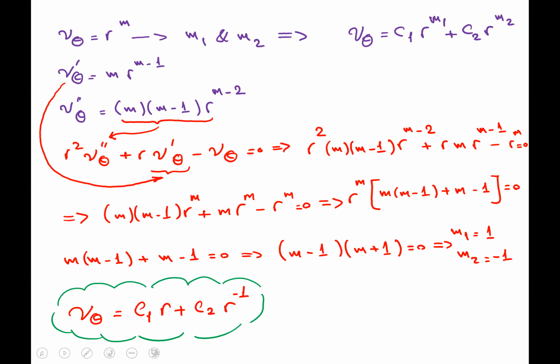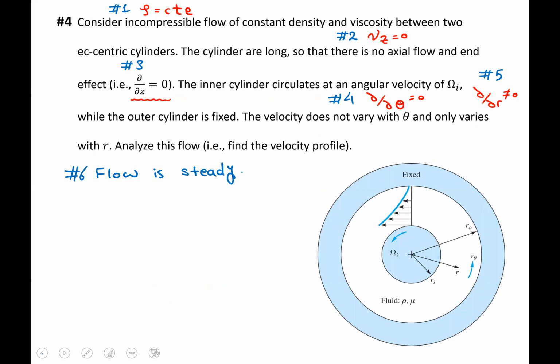So obviously, let's go back to the figure. When we are at the surface of this cylinder, the velocity is equal to the velocity of this cylinder. And then when we get to the surface of that one, velocity is equal to the velocity of that one, which is 0, because that one is fixed and this one is rotating.